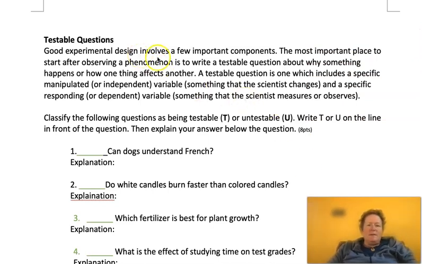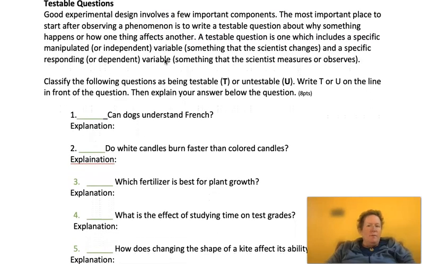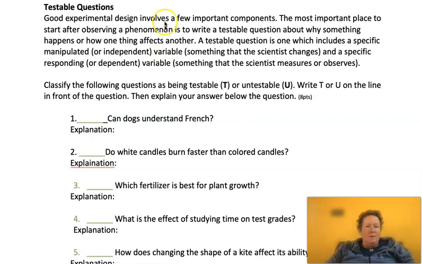Good experimental design involves a few important components. The most important place to start after observing a phenomenon is to write a testable question about why something happens or how one thing affects another. A testable question is one that includes specific information.